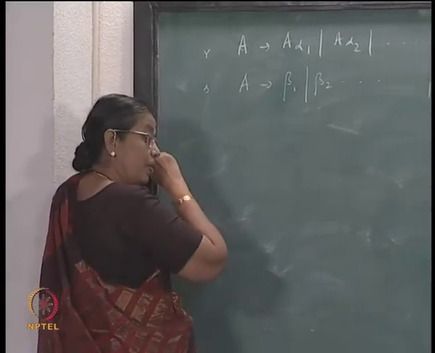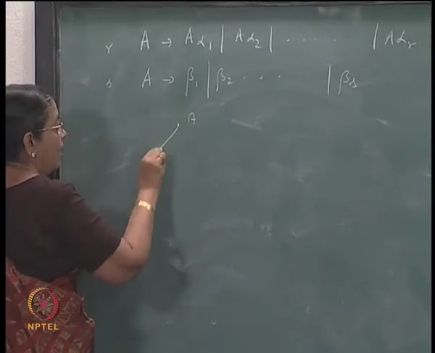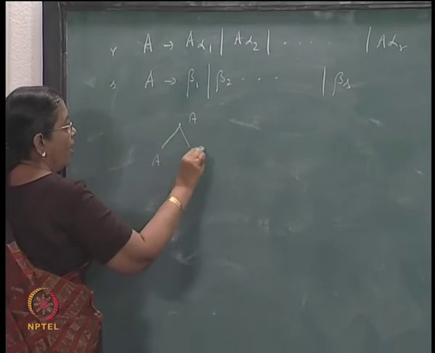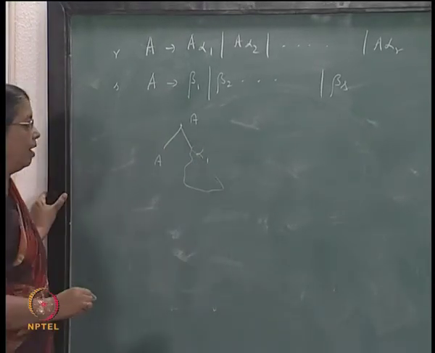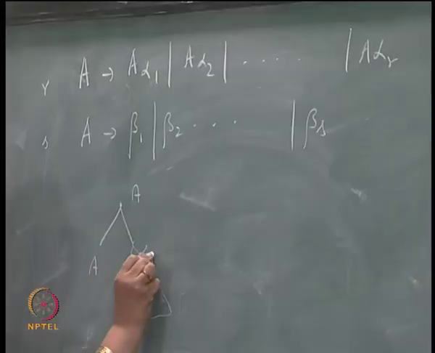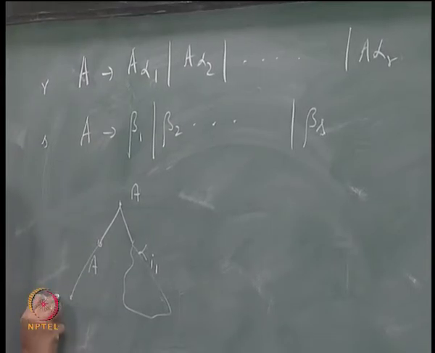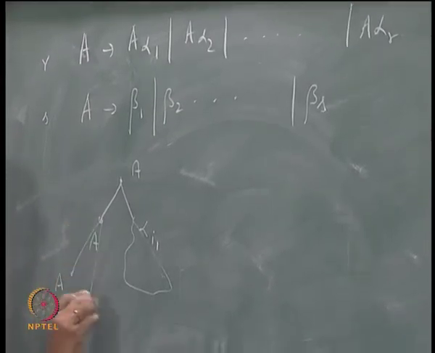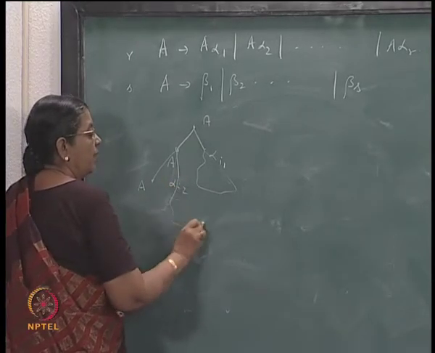Now, suppose you are applying starting from some A, then you have A alpha I1, and from this you are deriving something. So, one of the rules I am applying here. Then from this again another left recursive rule I am applying, A alpha I2, and from this you may derive something.